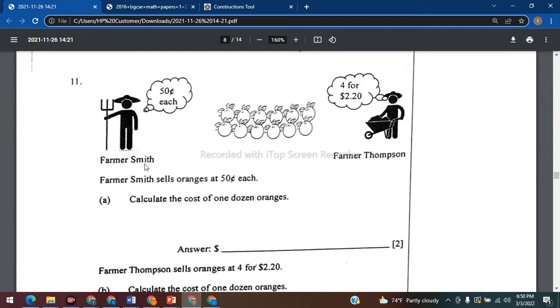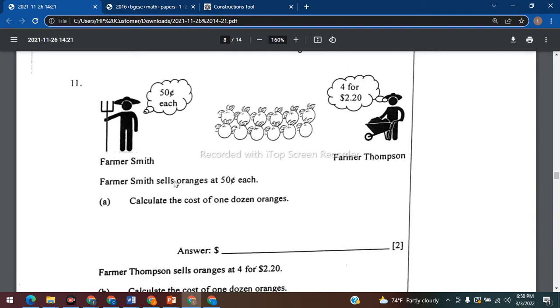Farmer Smith sells oranges at 50 cents each. And Farmer Thompson sells his oranges 4 for $2.20.